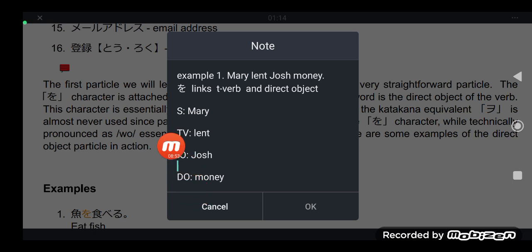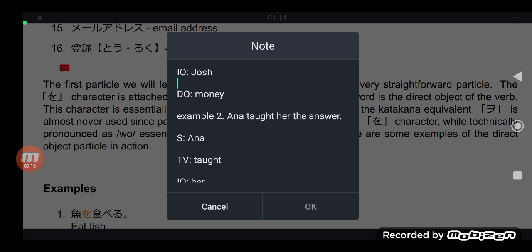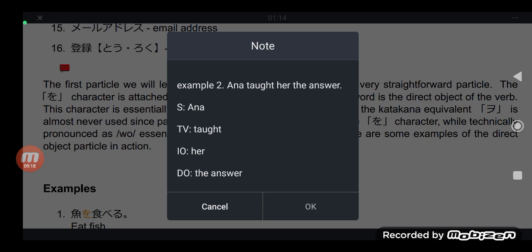You see that the transitive verb is closely linked to the direct object. That's why the particle wo, or o, links the transitive verb and the direct object. Another example: Anna taught her the answer. Subject Anna, transitive verb taught. Her is the beneficiary or the receiver of the result of the action, and the answer is the direct object.